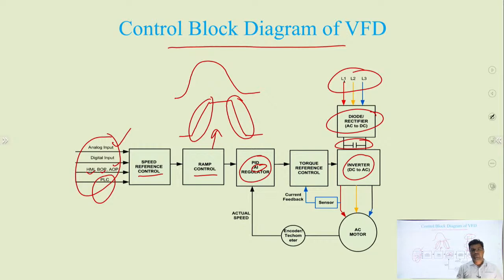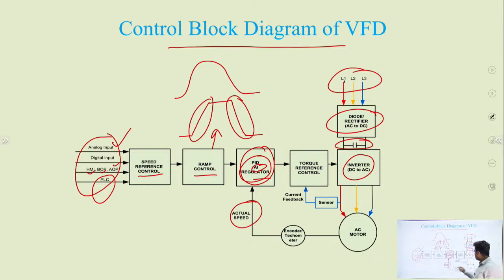We can use fuzzy logic instead of a PID controller. We can use NN or ANFIS techniques for the regulation, and after that we can compare this controller or regulator output with the actual speed.